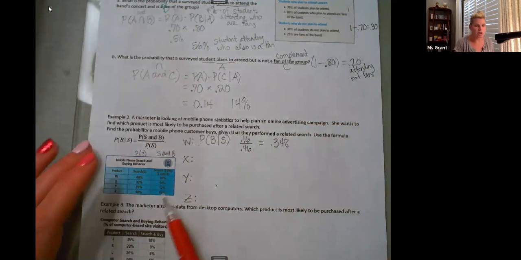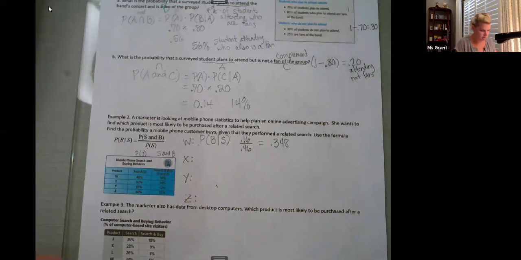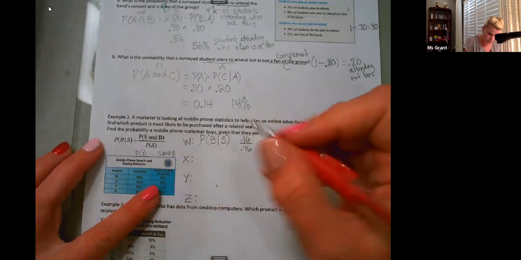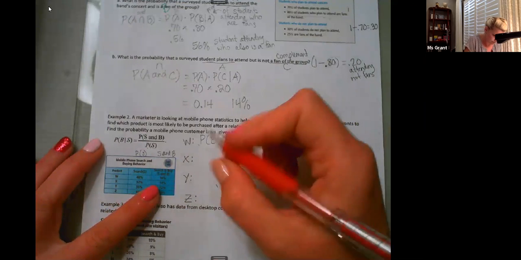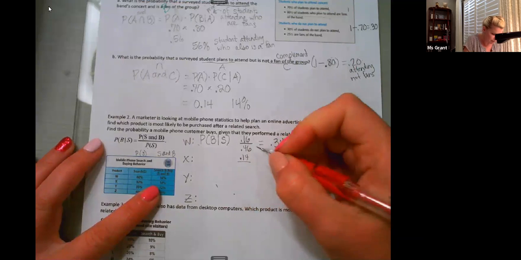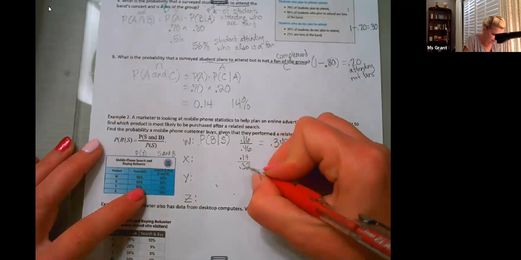So I'm looking at this chart and I'm just writing down data from this chart. X, searching and buying, 0.14 divided by 0.32. See how easy this is?